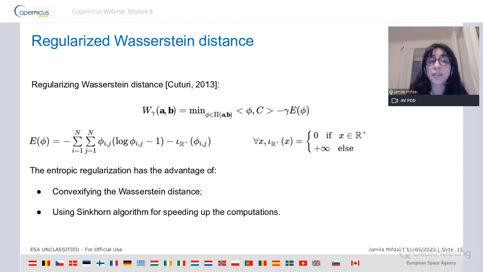It means that the minimum is unique, which is very convenient in optimization problems. Whenever we know that the minimum is unique, it's a good thing. And another advantage of the regularized Wasserstein distance is that we can use the Sinkhorn algorithm, which speeds up the computation.